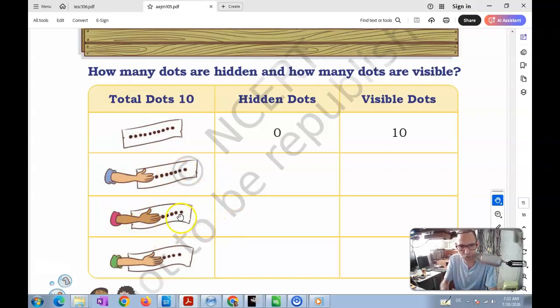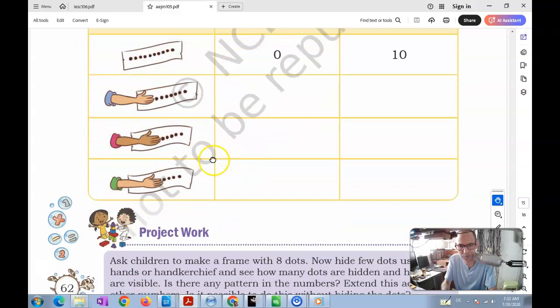Or for example, in this case 5 dots are visible, which means that 10, which is the total number of dots on the strip, minus 5, which is the number of visible dots, would be 5, which means that the person has hidden 5 dots under their hand, right?